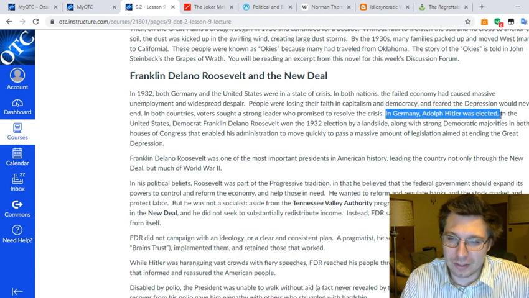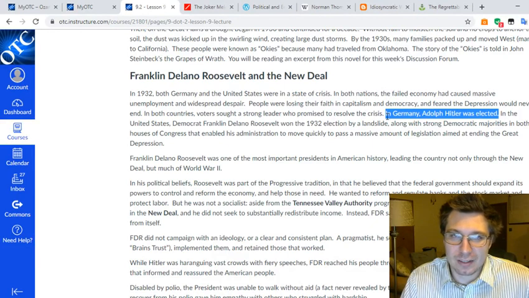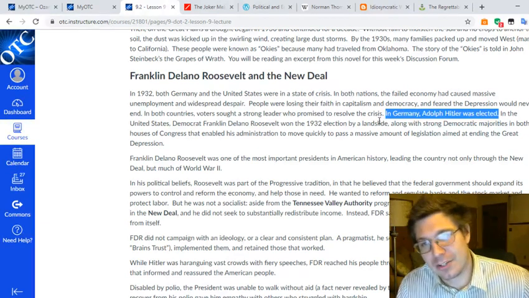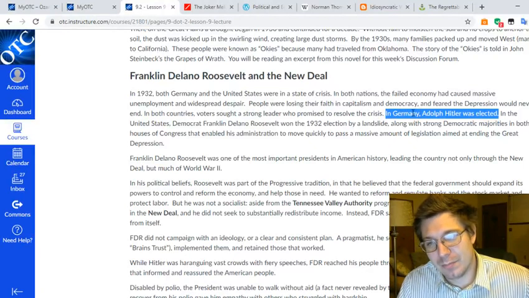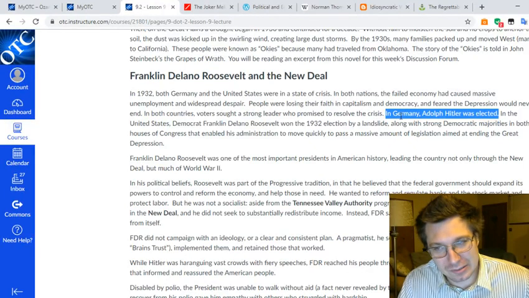technically with Hitler, if you want to get into the technicalities of it, his party was elected as the largest party in their parliament, the Reichstag. They got 37% of the vote in the 1932 elections. And mainly because of this, Hitler was then appointed chancellor.